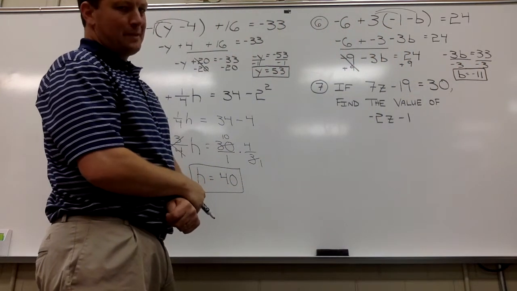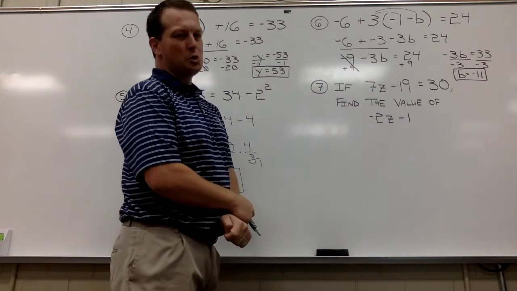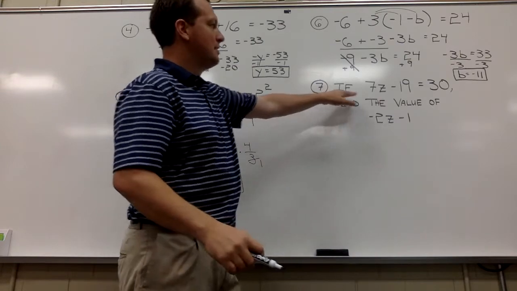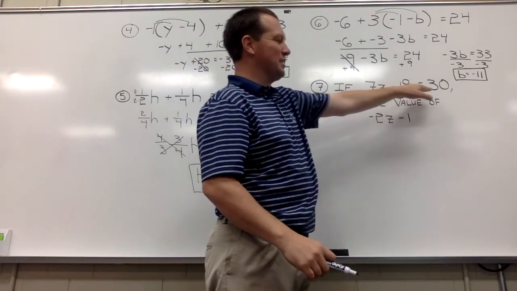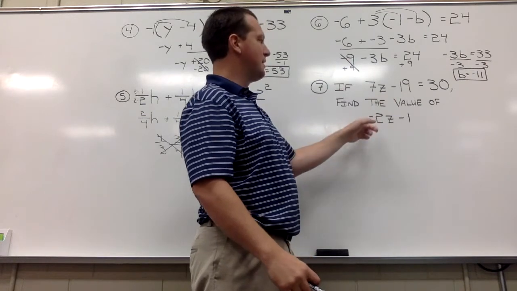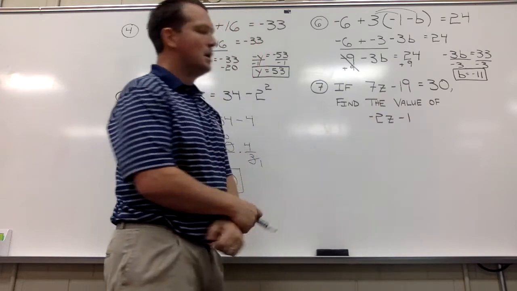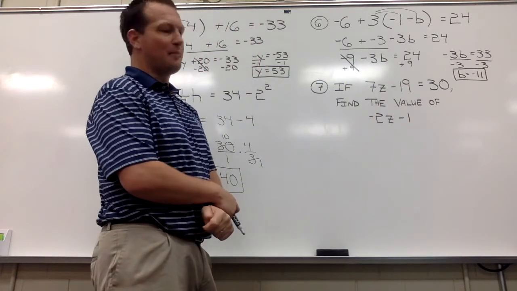Last one. This is kind of a two-step process here. I am going to give you a true statement. If 7z minus 19 is 30, I then want you, me, us, to find the value of negative 2 times z minus 1. So I need to think of this as a two-step process.